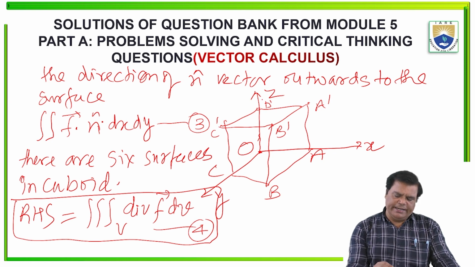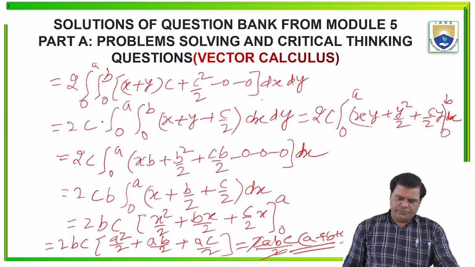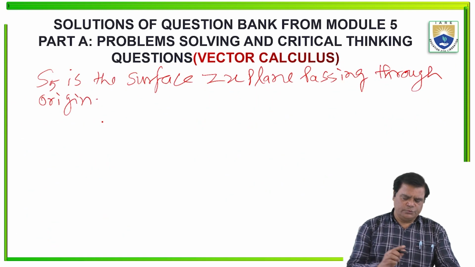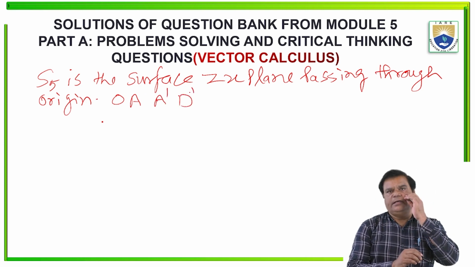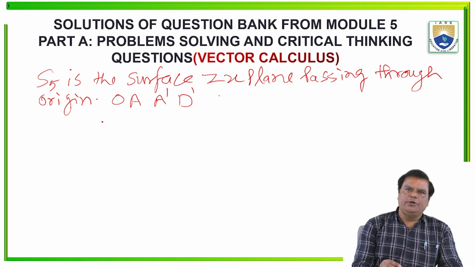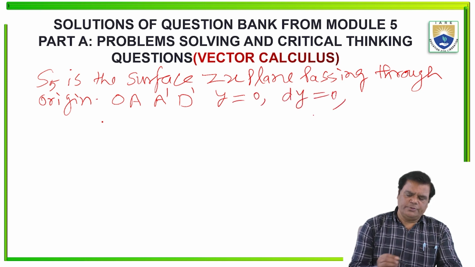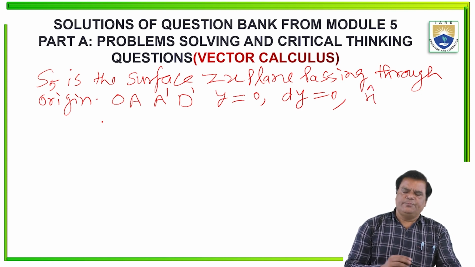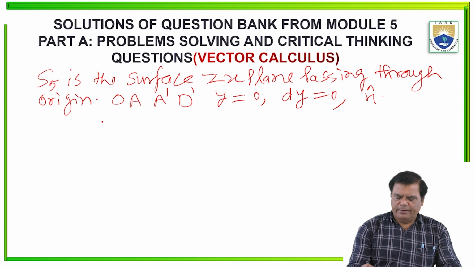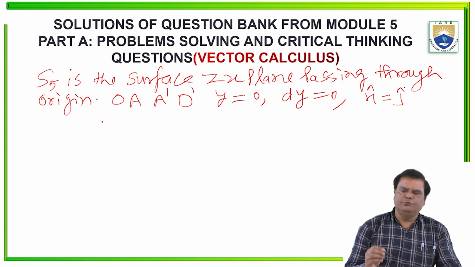So here O, A, A dash, D dash. This is the plane. In this plane, y equals 0. y equals 0 means dy is 0, and dy 0 means n is perpendicular, n is j.